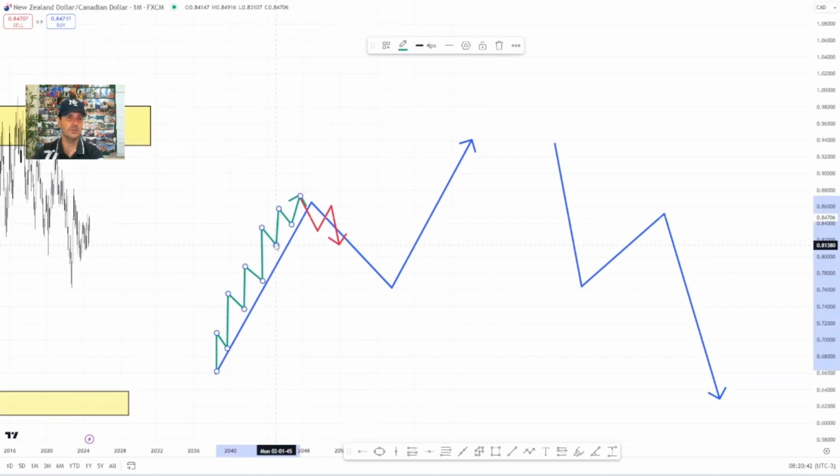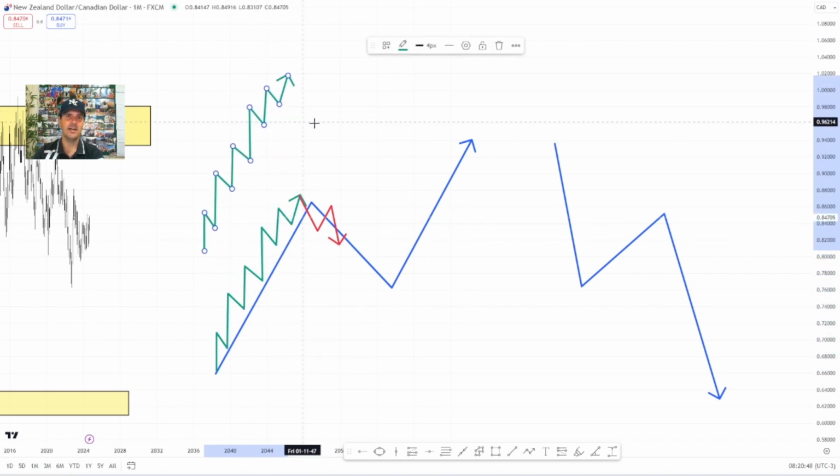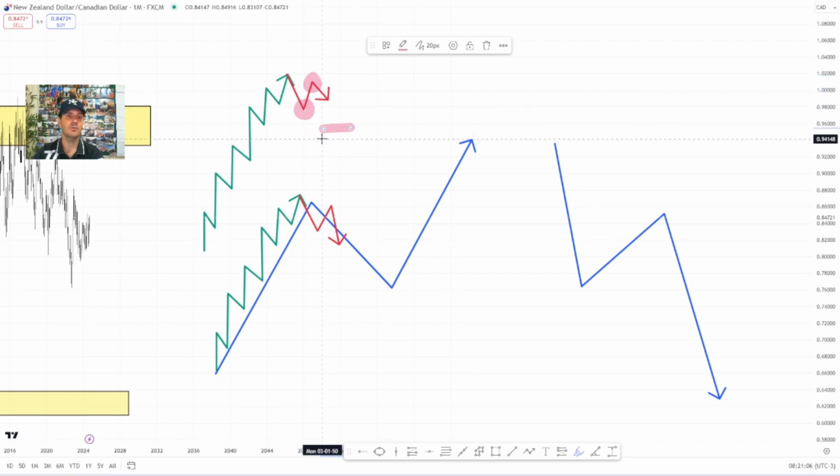So if this is an uptrend and then I have something like this, just an example, I have a lower low and a lower high, fair enough, but I don't have the next lower low, so I don't have a confirmed downtrend.